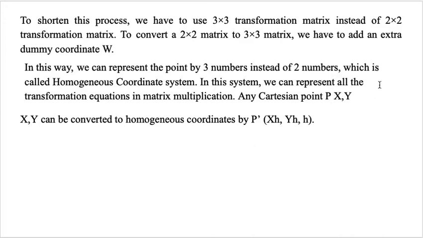The x and y can be converted into homogeneous coordinates as P of x, y and h. This h is a dummy, or we can say the height or distance of the axis.